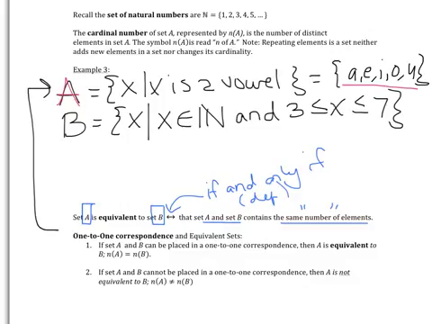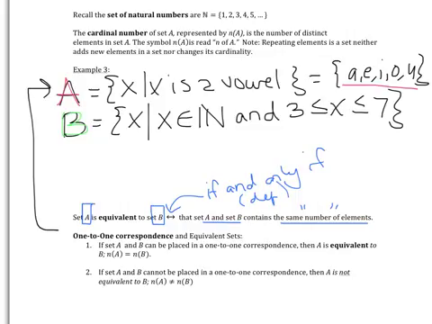And set B, let's make it in maybe green. Set B is the set of all objects, elements, members, such that there are two restrictions: X is a natural number, and the natural number is between 3 and 7.